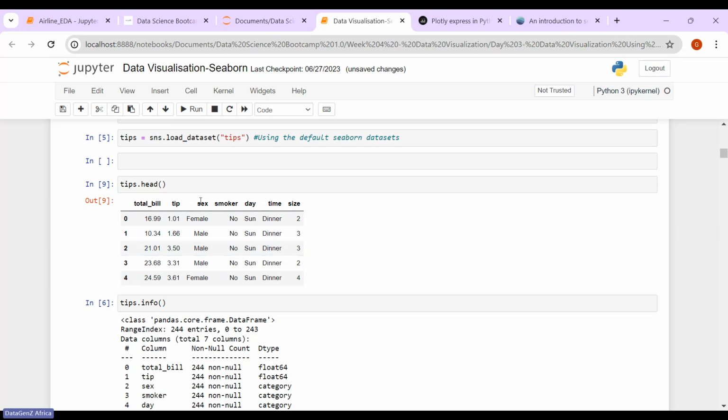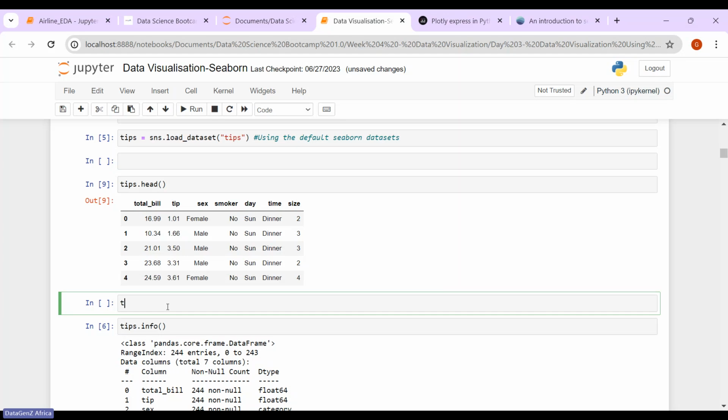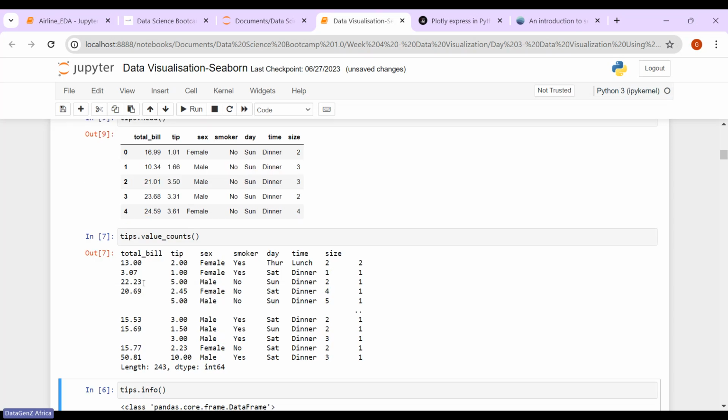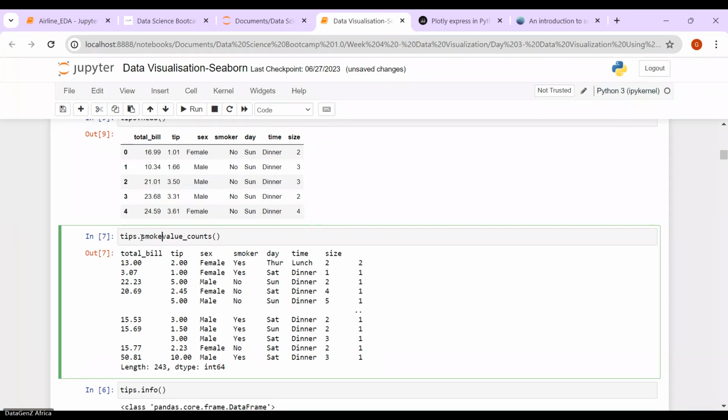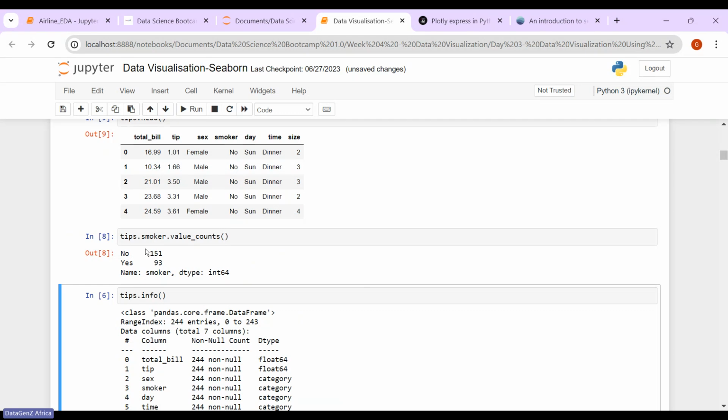These other columns are categorical columns, female, male. They are just 2 categories. For smoker, you can use your value counts to check. Okay, you can see that smoker is yes or no. We have 2 categories on smoker.